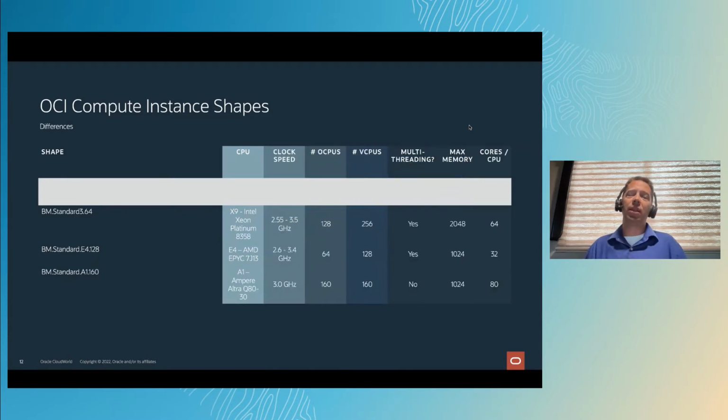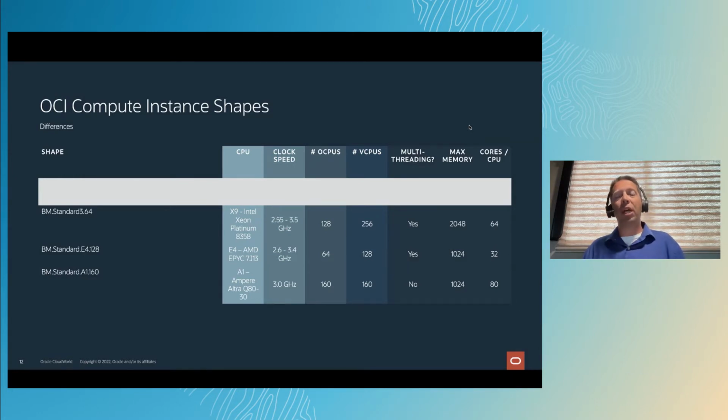Now we start looking at some of the differences. To be expected, we see some with the clock speed, for instance. The number of OCPUs, remember we talked about the denseness and concentration of the number of processing cores. A1 just is incredible. And same thing when we start seeing the number of vCPUs, there's some differences here.